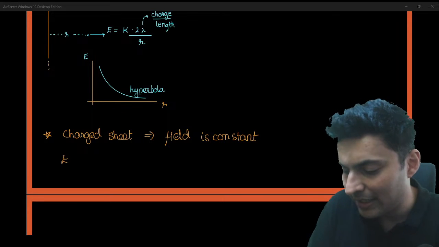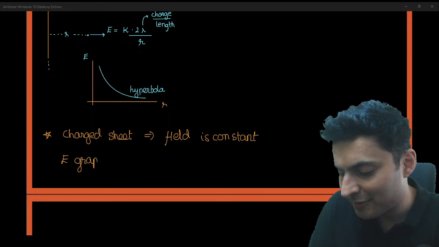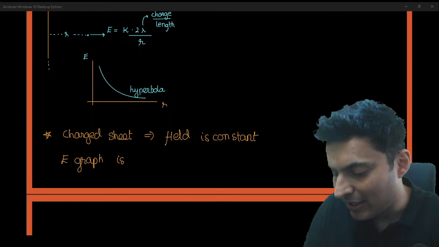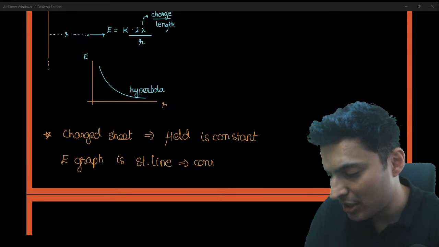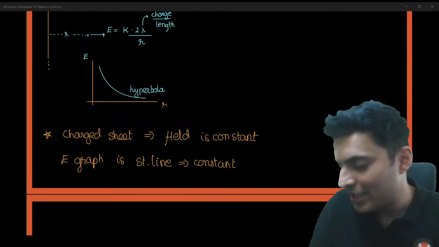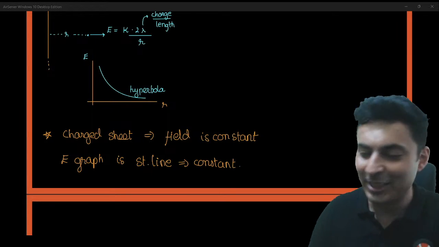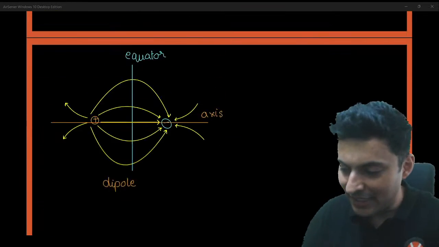Hence the field graph is a straight line, which is constant. So there is no fun in drawing that. Okay, everybody fine till here?